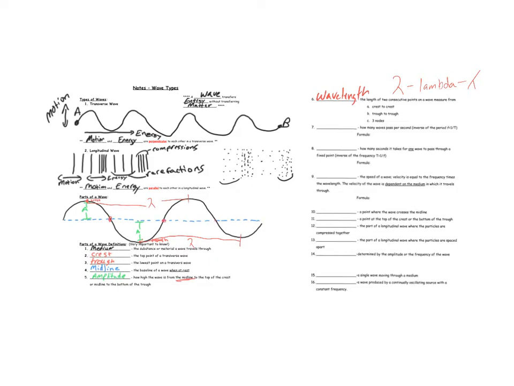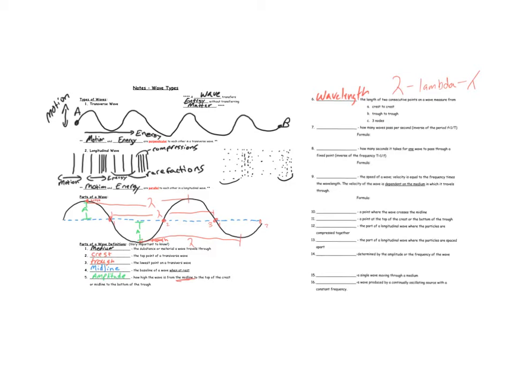So you can go through three nodes, 1, 2, 3 nodes. This is a wavelength. When you're counting nodes, you go 1, 2, 3, and then this one is your first one for the next wave. So the third node is the first node on the next wave. Okay, so that's wavelength.